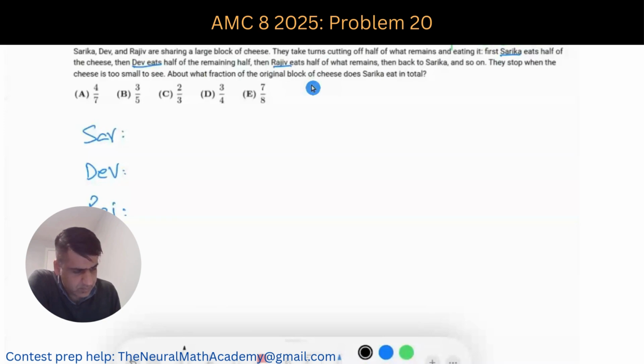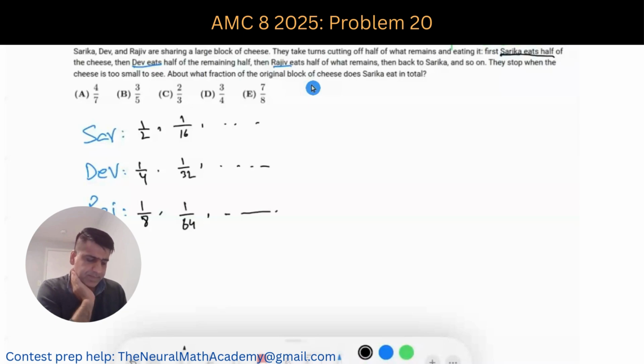So Sarika eats half, and then Dev will eat half of that, and Rajiv will eat half of that. And in the next turn, Sarika will eat 1/16. This is 1/32, and then this would be 1/64. And similarly, this cycle will continue for all of them.